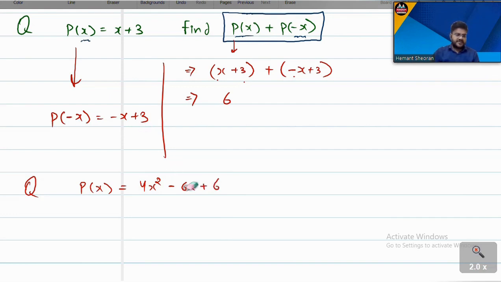Let's replace it by 3. The question is just to find out its zeros.